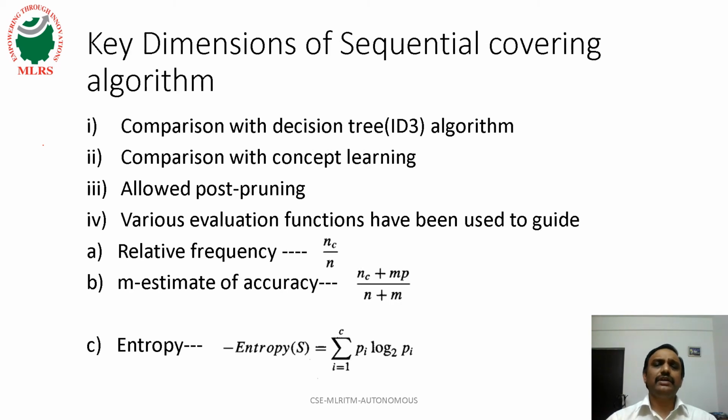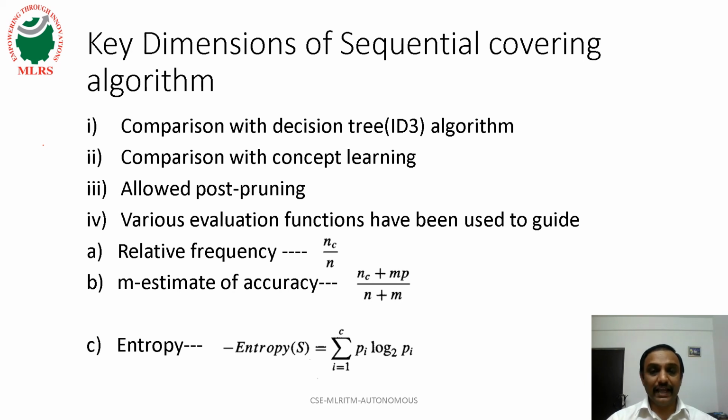Key dimensions of the sequential covering algorithm. So the first dimension is comparing with the decision tree algorithm. In the case of a decision tree, how are you constructing the tree? From root to leaf. For the root node, we consider the entire data.